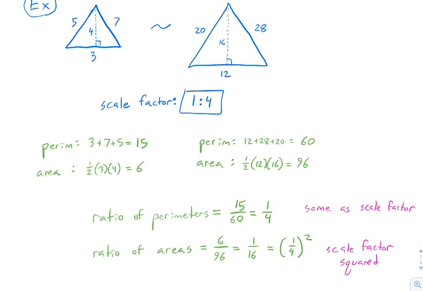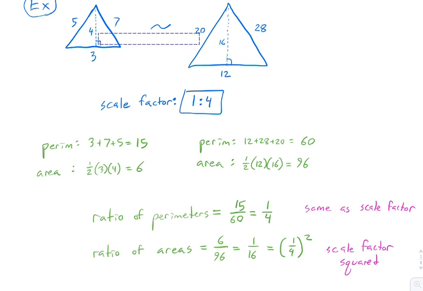But the areas here, and this is what we're going to really dive into today, is why this is true. The ratio of the areas isn't 1:4. It's actually, when you reduce it, 1:16, or 1:4 squared. Now, to briefly touch on why, it's because not only does the base get multiplied by 4, but also the height gets multiplied by 4.